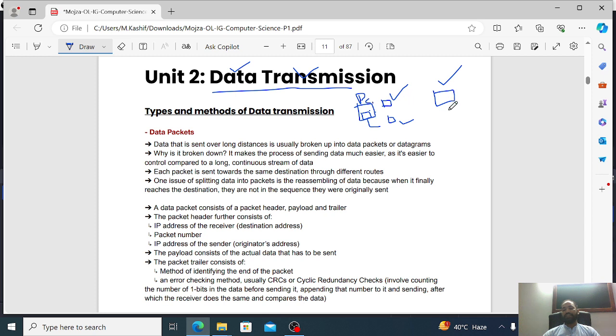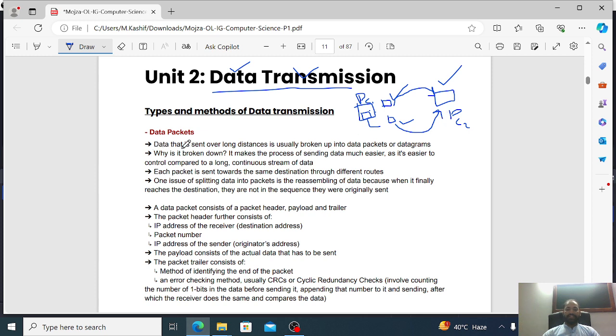It means data transmission occurs between two devices in the form of packets. This packet is going from this device to that device by this route, and this packet is moving from another route. Because we have a wireless connection, there might be multiple routes from one device to another device for the transferring of data.